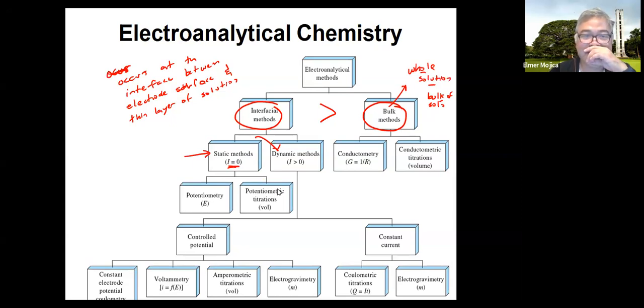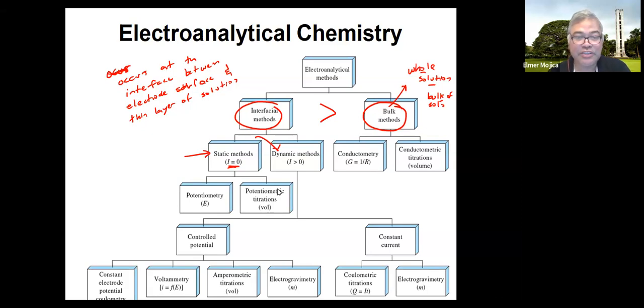Okay. So if you're going to look at the different methods that we have here, dynamic versus what we call static. Okay. So when we look at the static method, it doesn't allow current to pass through the electrochemical cell.